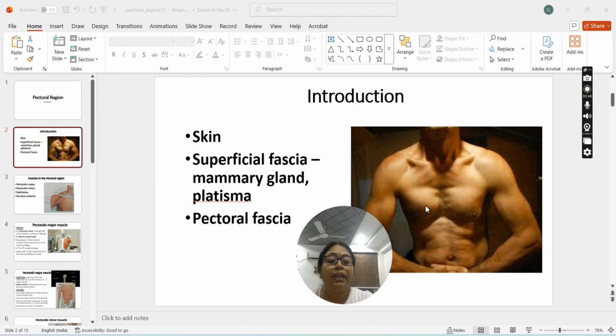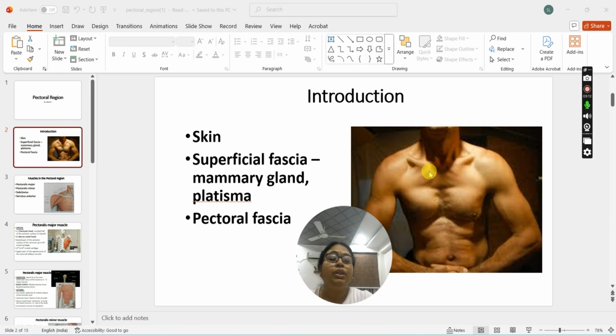So your pain, touch, temperature from the pectoral region is carried by the anterior as well as the lateral cutaneous branches of the upper 6 intercostal nerves. Done? Upper portion by the supraclavicular nerves, which are branches of the cervical plexus, about which we will be telling while doing the head and neck region.